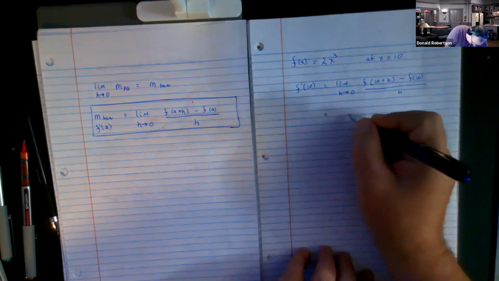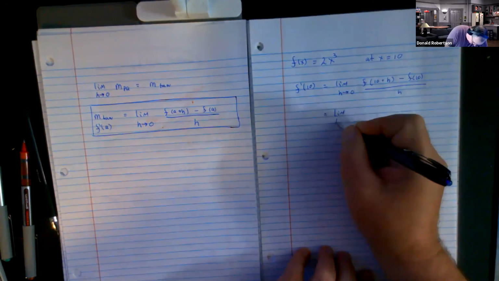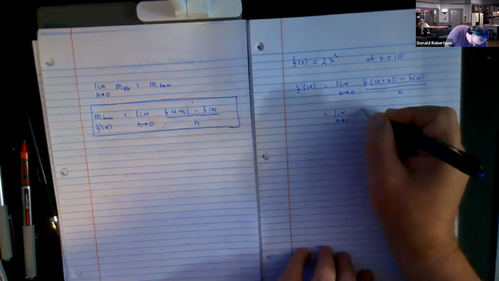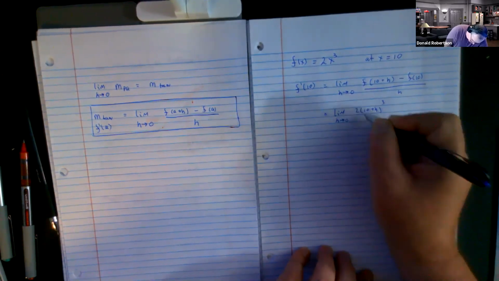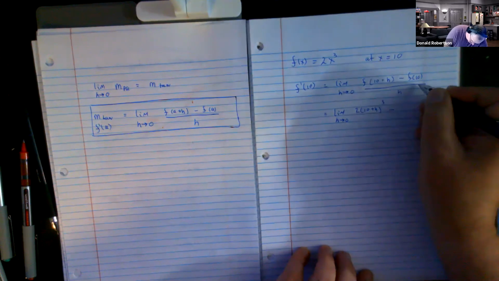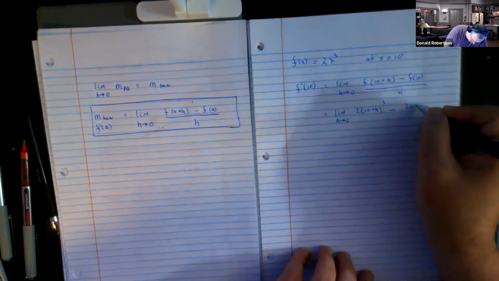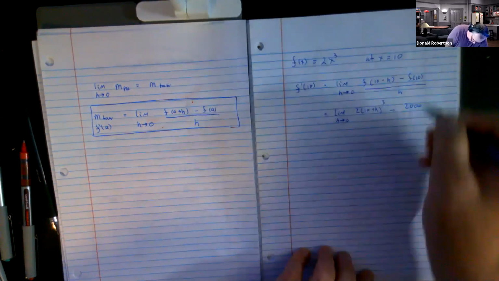And that's going to be the limit as h tends to 0 of 10 plus h cubed, we have 2 in front of it, take away 2000. That's what that is when you plug into it.